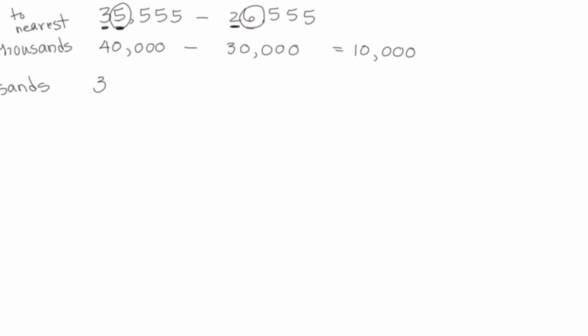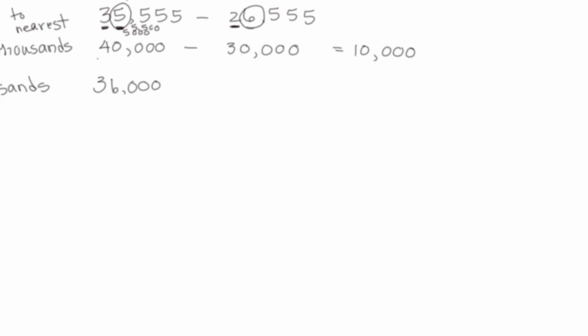So we have 5,000s as our low. Our next highest thousands would be 6,000. The midpoint would be 5,500. And we can see this number is a little bit larger than 5,500. So we would round up to 6,000. So this would be our estimate if we were rounding to the thousands place.